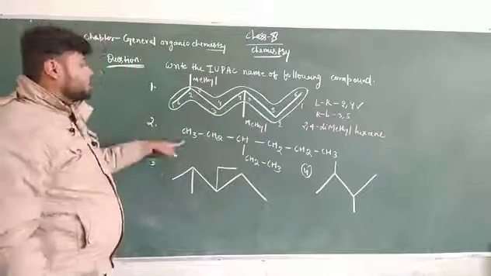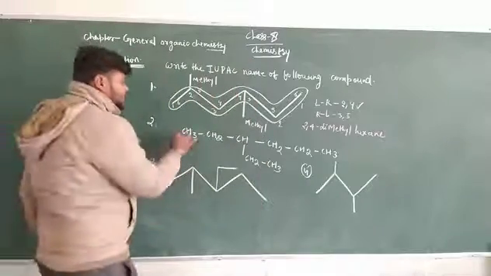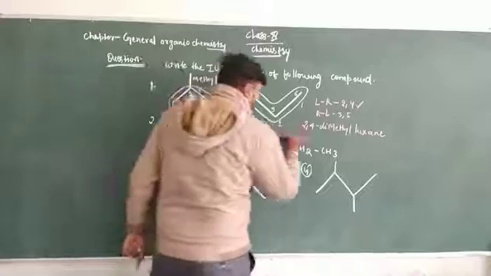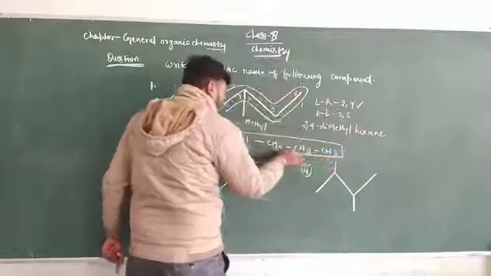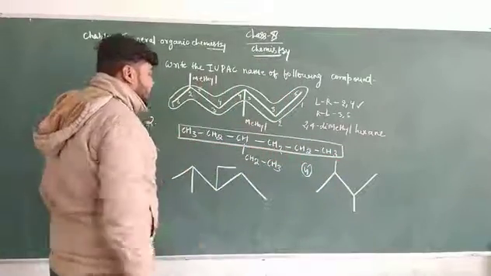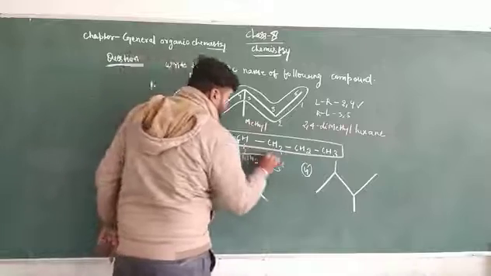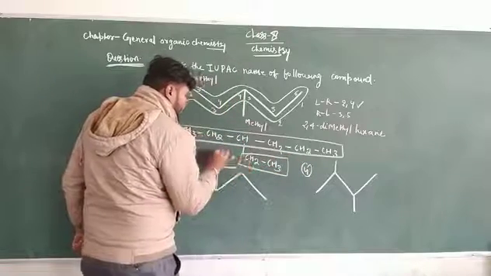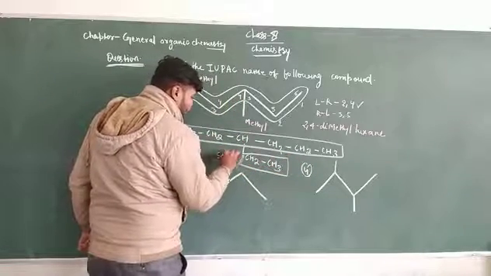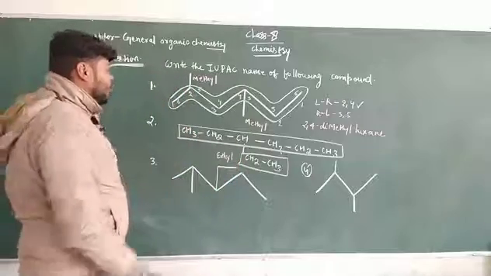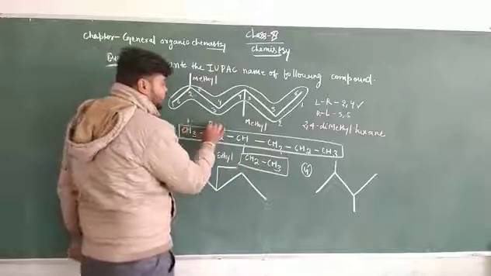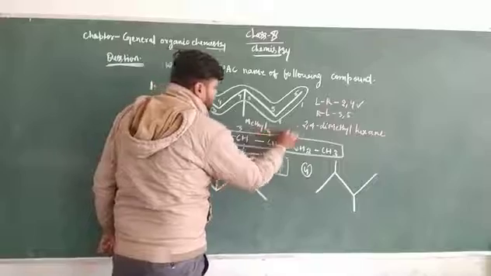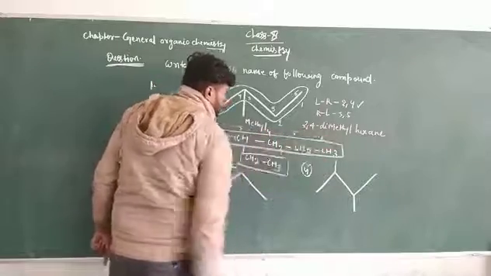Now we come to the second compound. This is our parent chain, and this substituent is named ethyl. Now we number it 1, 2, 3, 4, 5, 6.